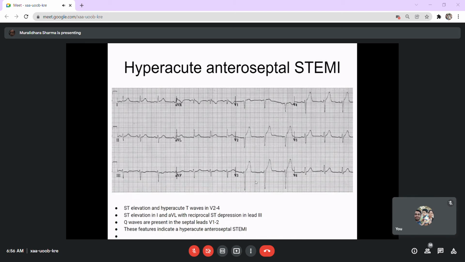Now, another caution, I'm just picking up those conditions where you have to be more alert. If there is an ECG with ST elevation and very prominent hyperacute T waves, and the ST segment is elevated particularly in lead 1 and aVL, as you see over here, and it's also depressed in lead 3, that suggests a hyperacute anteroseptal ST segment elevated myocardial infarction.